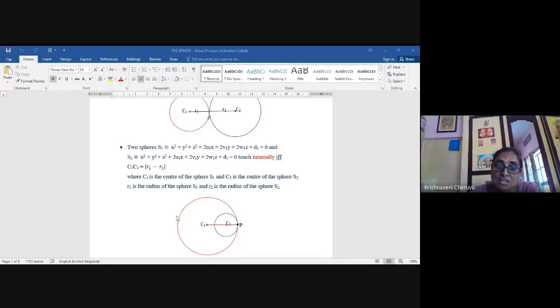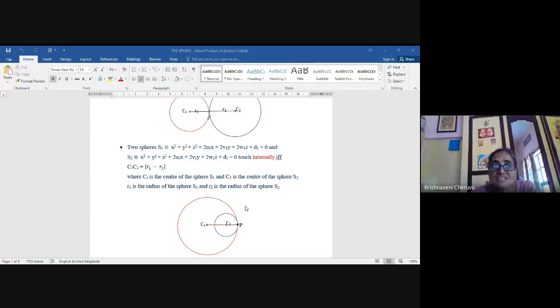Here the sphere C1 has the bigger radius, so we write R1 minus R2. Sometimes you may have R2 minus R1 also. Distance is never negative, so you have to write modulus of R1 minus R2, because we don't know which sphere has the bigger radius.